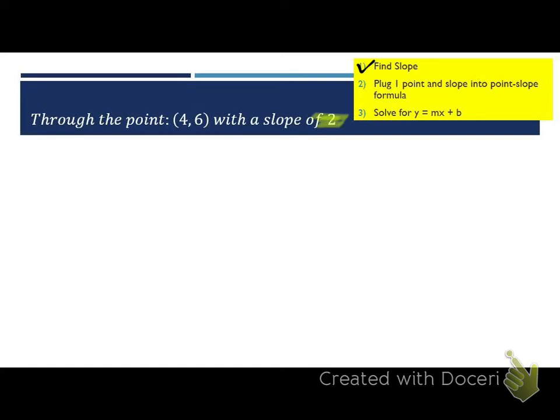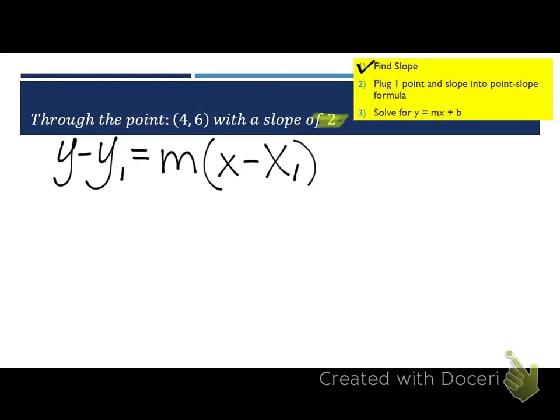Step 2, we're going to plug in a point and a slope into point slope formula. So y minus y1 equals m times x minus x1. So remember this y minus, nothing gets plugged in for that. So I'll put y minus and then a blank. And then something will get plugged in for my slope.